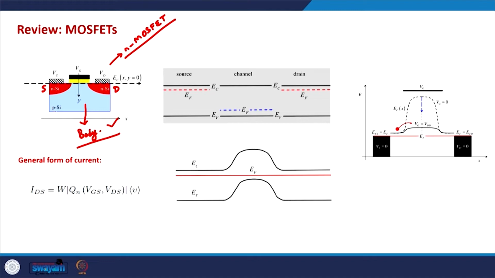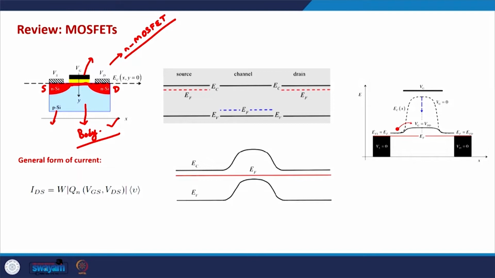Generally this is a P-type semiconductor. When we apply a positive voltage on the gate terminal, it creates an inversion layer here, and that essentially creates a conducting pathway from the source to the drain. So that's how a MOSFET transistor essentially looks like, and that's how conduction in the transistor takes place.